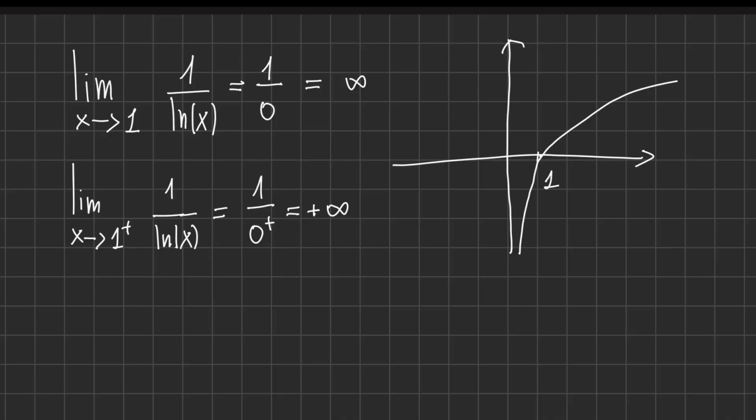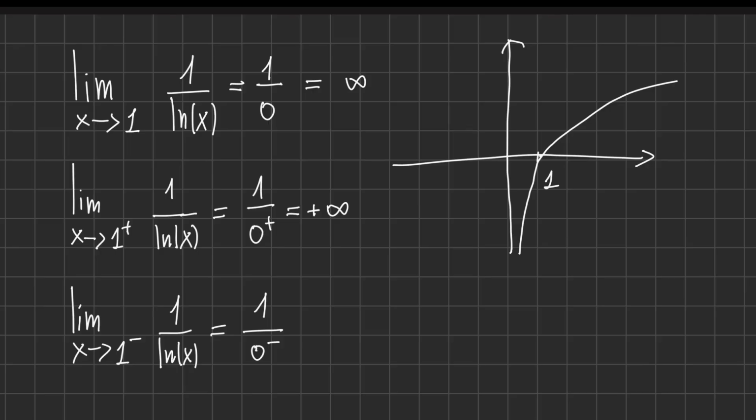Now, let's try to go from the left hand side. So, the limit as x goes to 1 minus of 1 over the log of x. The numerator stays the same, it remains 1, divided by, now 1 minus, we are approaching 1 from the left-hand side, where the function is negative, which means that we are approaching 0 minus.